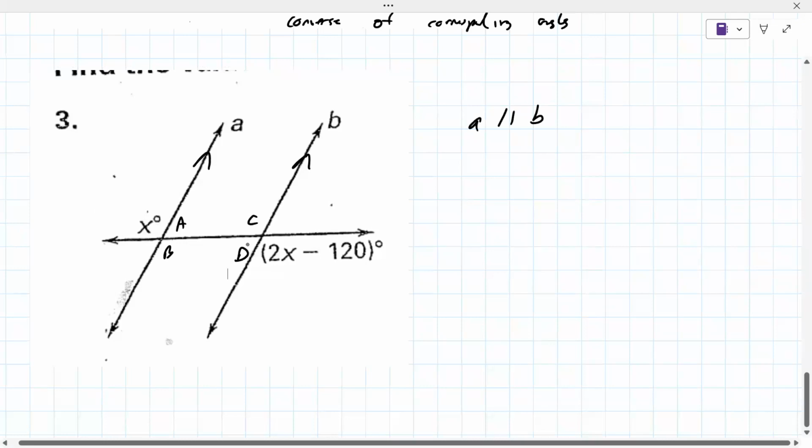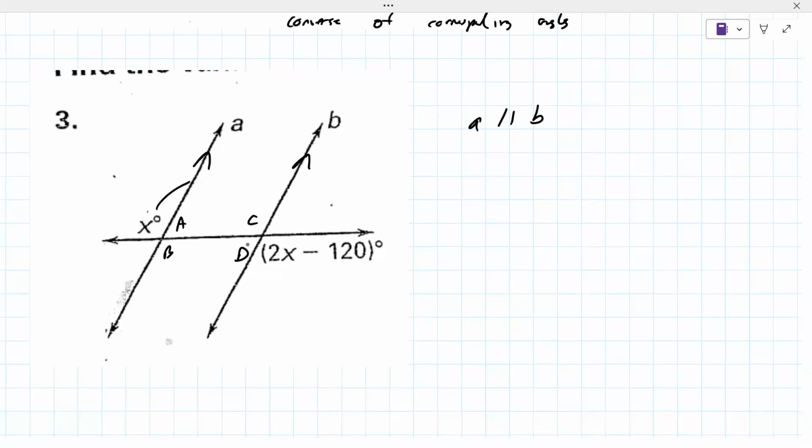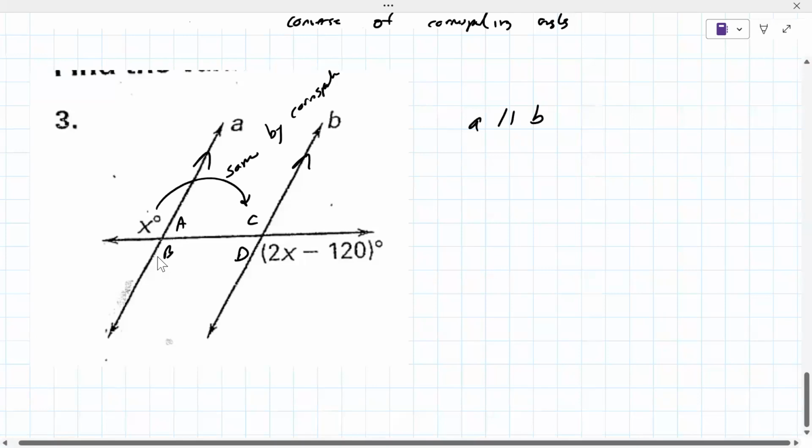C. Okay, by what? What's the reason that these are the same? Corresponding. Good. Corresponding. All right. And why is X the same as B? Why are those the same?